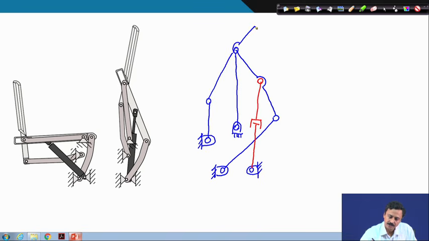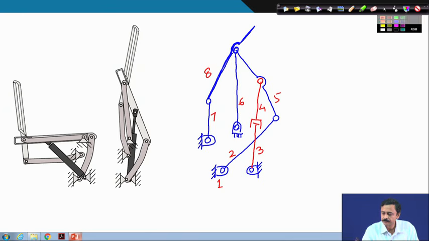This is the backrest, this is a single link. Let me count. Ground is 1, 2, 3, 4, 5, 6, 7, 8. So, there are 8 links.